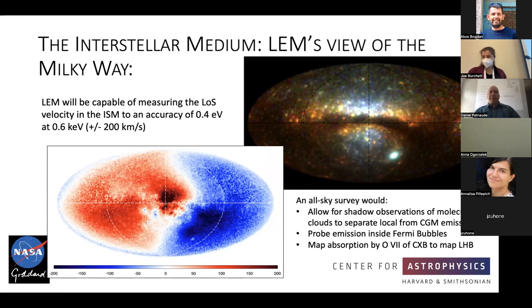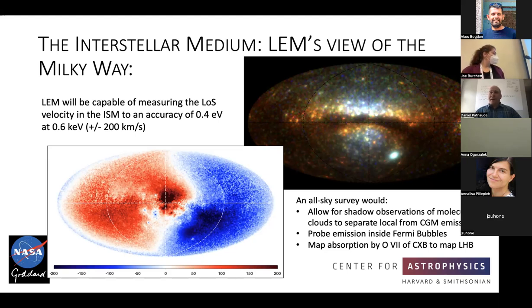But we can also use the exquisite resolution microcalorimeter to measure the velocity of the material in the interstellar medium with an accuracy of less than half an eV at 600 eV. And this corresponds to plus or minus 200 kilometers per second. So what exactly would an all-sky survey allow us to do?